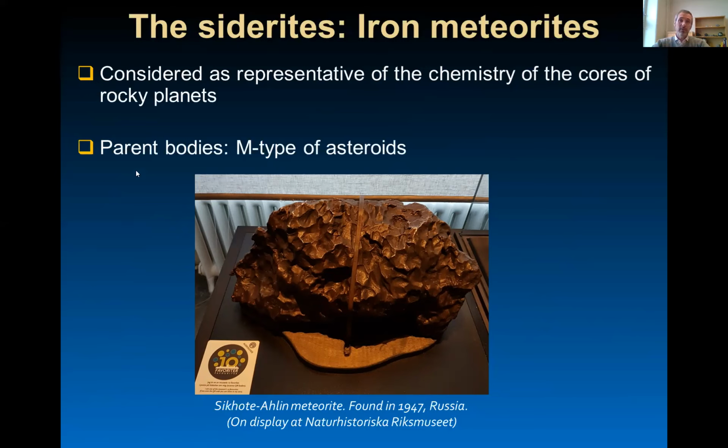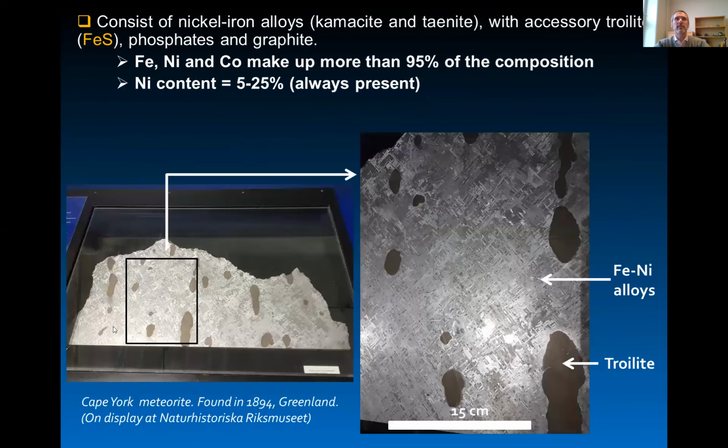They are considered as representative of the chemistry of the cores of the rocky planets, and their parent bodies are the M-type, metal-type asteroids. In detail, they are formed by iron-nickel alloys, pallasites, and taenites.